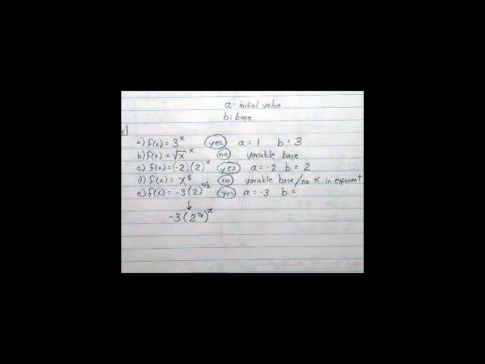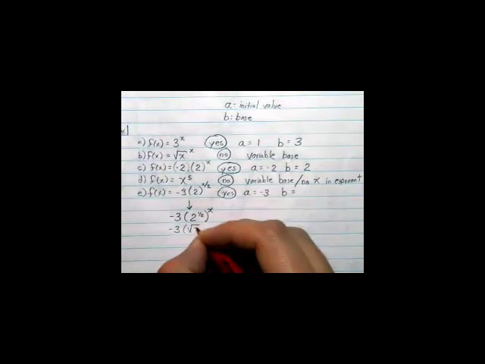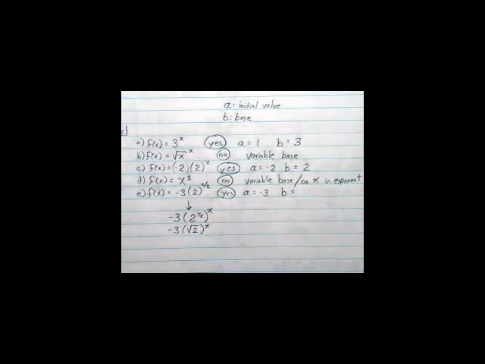It's power of a power, is what that's called. So if I can take that 1/2 off that x, bring it down inside, what is 2 to the 1/2 power? That's a square root, right? It's a square root of 2. So this is negative 3 times the square root of 2 to the x. So even though you see just a 2 in the parentheses there, the base is actually the square root of 2.